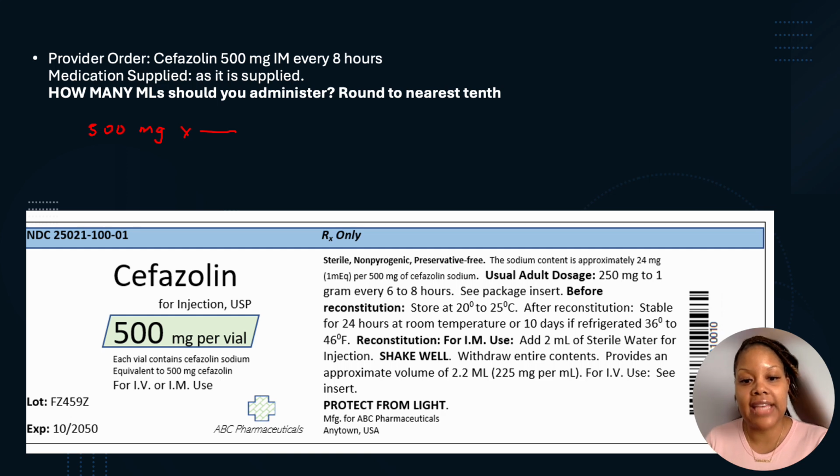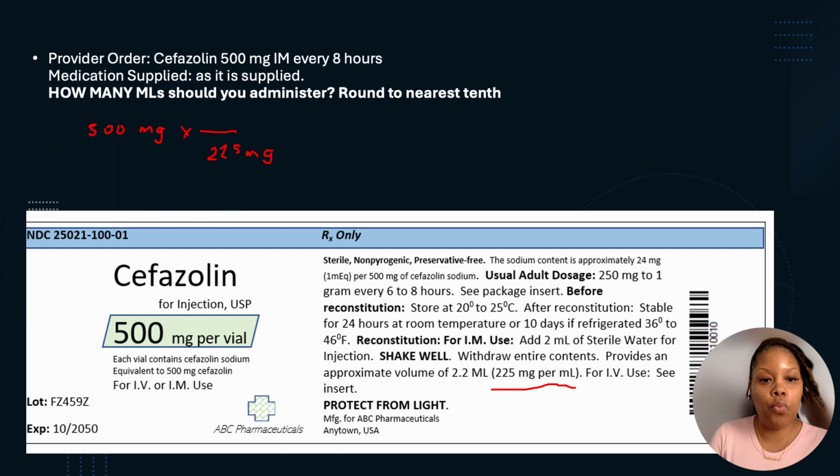Then I'm going to go to the problem. The problem says that there is 225 mgs per ml. So we know that in order to cancel out, if mgs is on the top, mgs need to be on the bottom down here. So we're going to do 225 mgs is 1 per 1 ml.